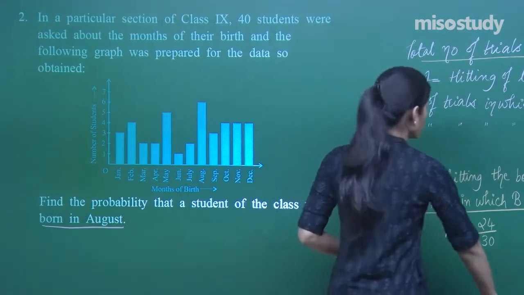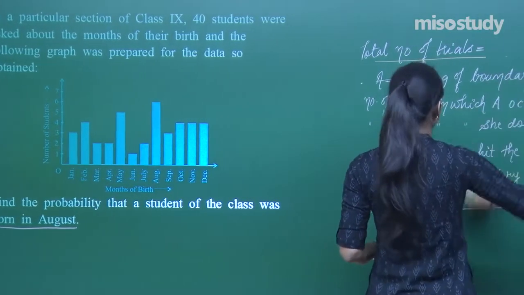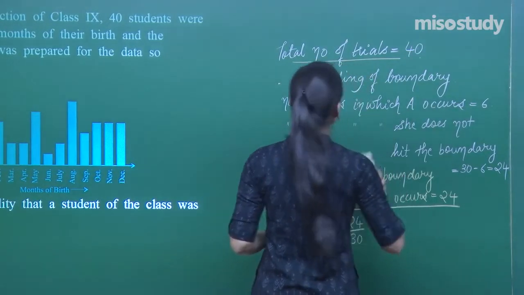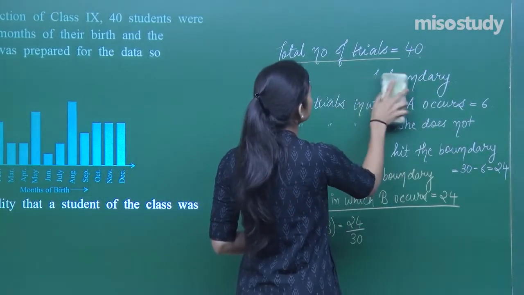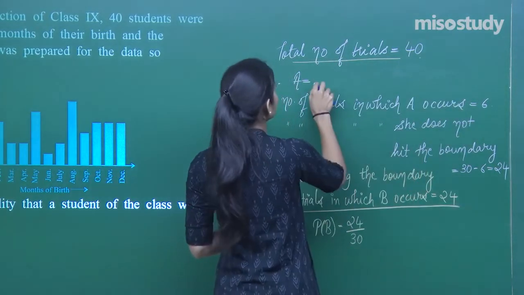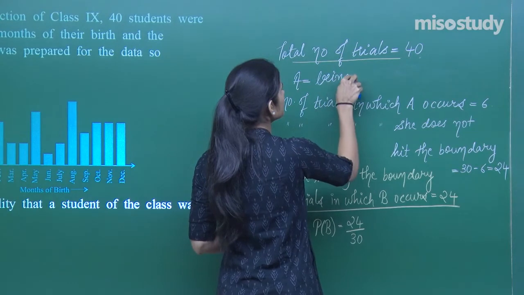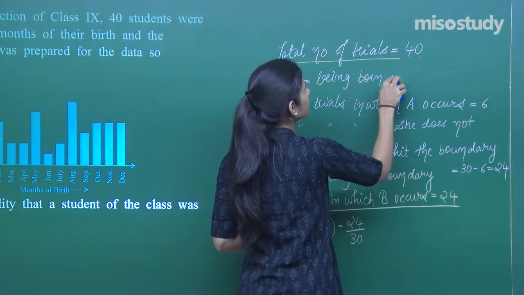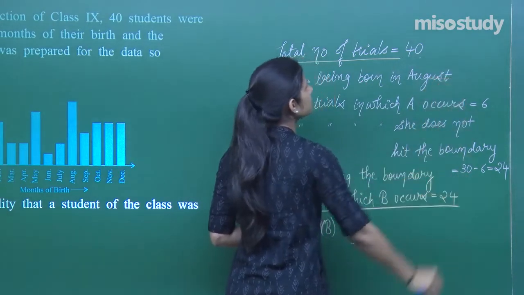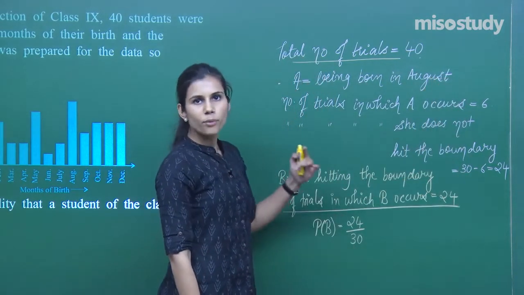So, total number of trials is right now 40, right? A is the event of being born in August. Out of 40 students, how many students are born in August?